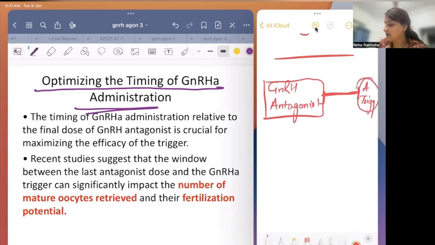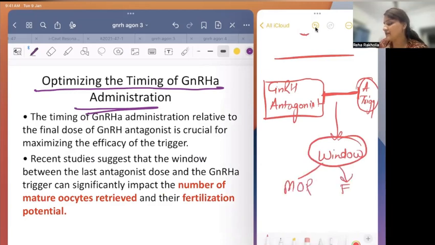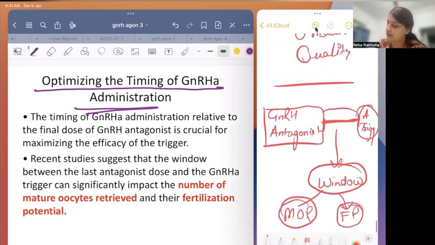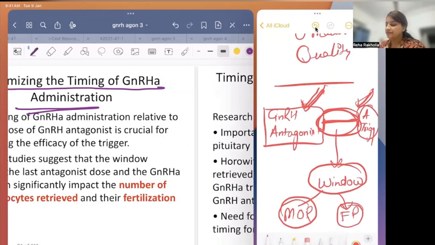This window is important. It will decide the mature oocytes retrieved and the fertilization potential. So we need more studies on how long this window should be, from the GnRH antagonist to the GnRH agonist trigger.